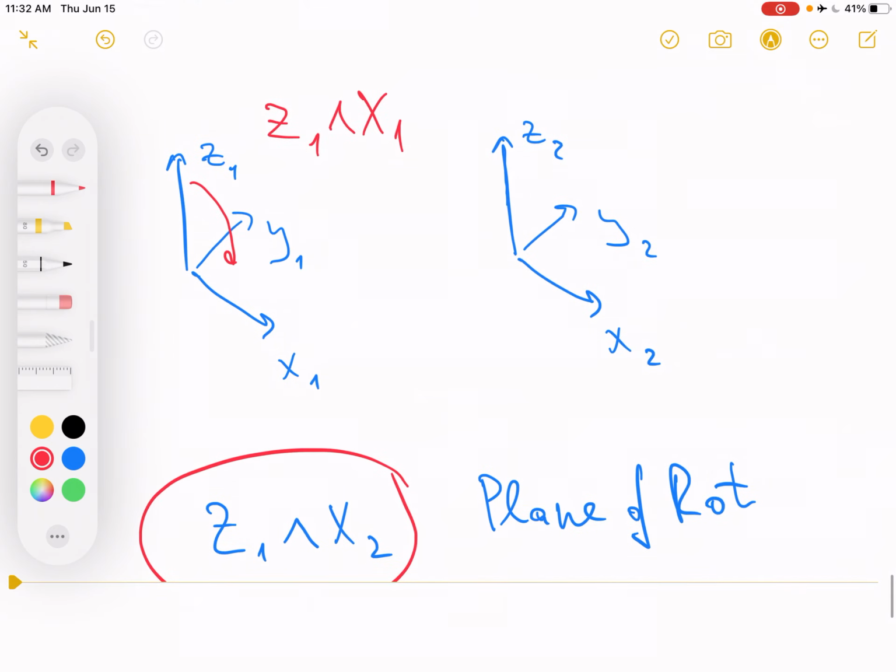So basically, in our 3D description of the Bloch spheres, entangling operations are rotations in the plane that is formed by the axes of the different qubits. So we can take the Z1 axis and the X2 axis and form a plane of that.